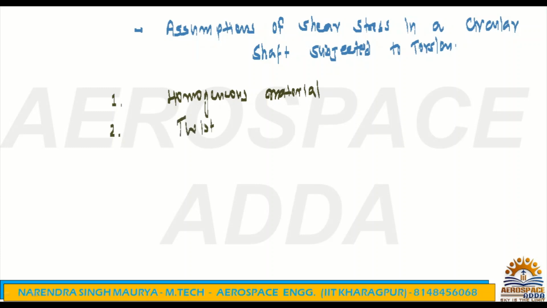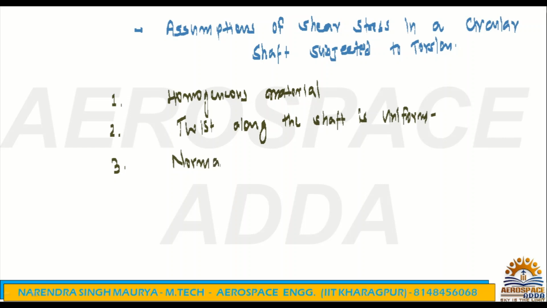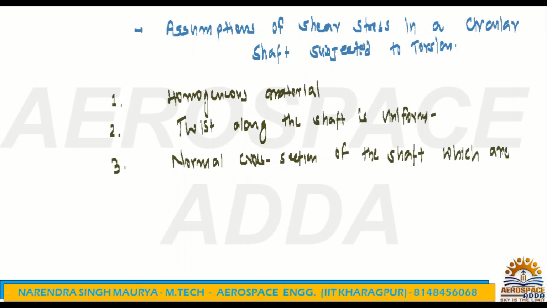Point 3, normal cross sections of the shaft, which are plane and circular before the twist.